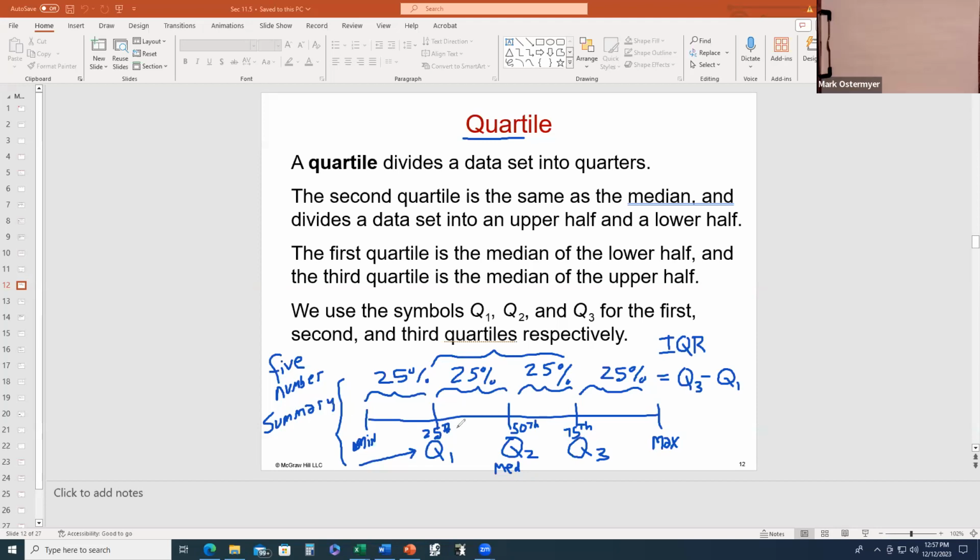We'll show you when we cast this in the form of a graph called a box plot what that can tell us. So stay tuned on that one. These are the 3 quartile values, and we're going to show ourselves how to find these 3 quartile values for a data set.